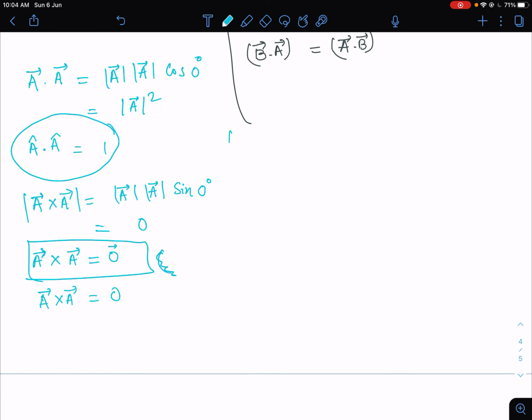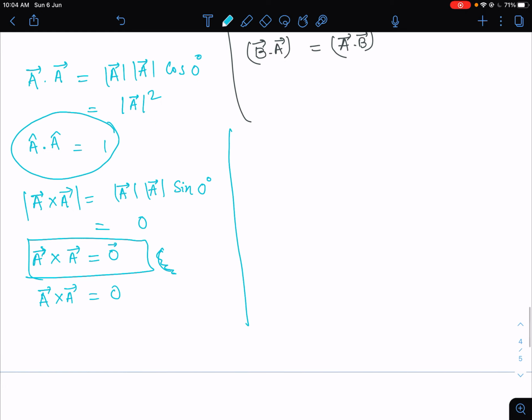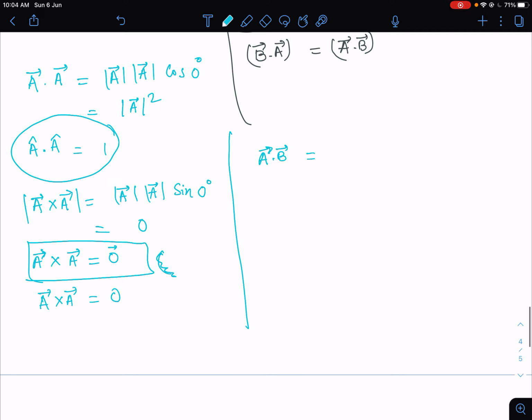Now the dot product of A and B can also be represented as the magnitude of A times the projection of B on A, or the magnitude of B times the projection of A on B.